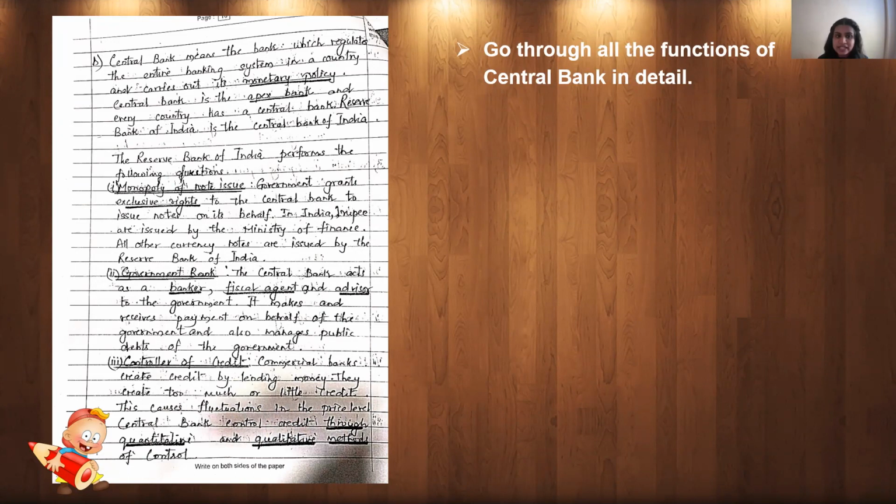So care must be taken that while you read the question, you understand what is asked of you and you write down what is expected out of you. So it is advisable that you do not leave out any function of the central bank for option. Instead, learn all the points, all the functions thoroughly, because it is very, very important from the board point of view.